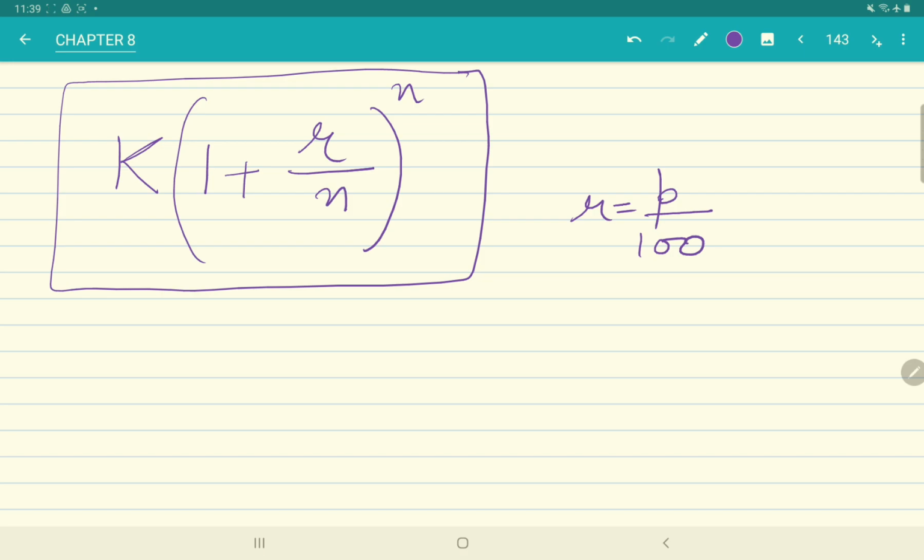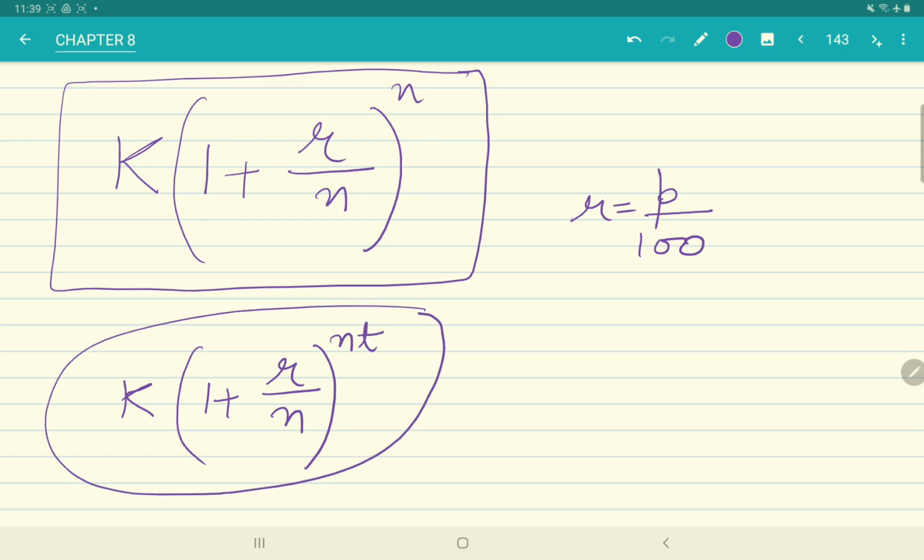After t years, the principal would increase to K(1 + r/n)^(nt). This would be the amount after t years. Now the point to note here is that the greater this n is, the more profitable that investment is to the lender. The greater this n is, the more and more interest payment the lender receives.